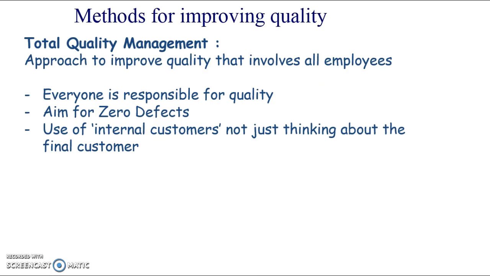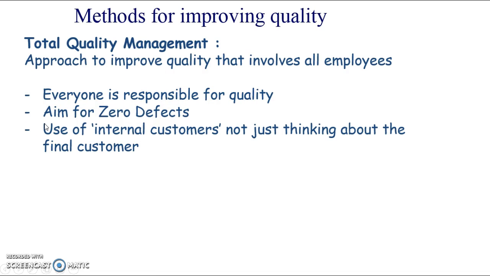If I could give you one piece of advice when you're studying, it is to make sure that any point you state, if we go back to TQM, if you talk about TQM and the benefits of it, so it should improve quality and everyone's responsible for quality, you need to make sure you fully explain that. So why is that in particular a very good thing for the business? Why aiming for 0 defects?